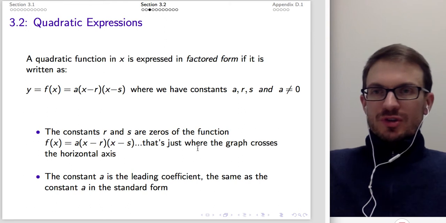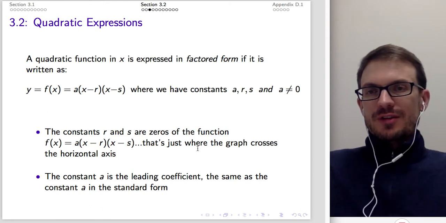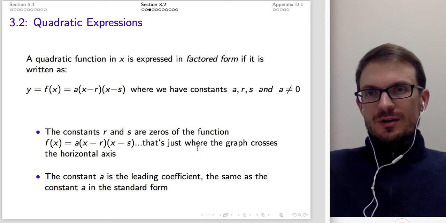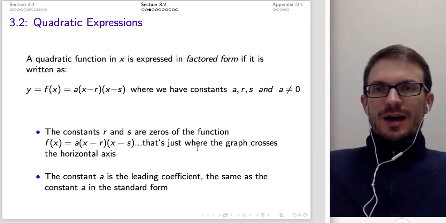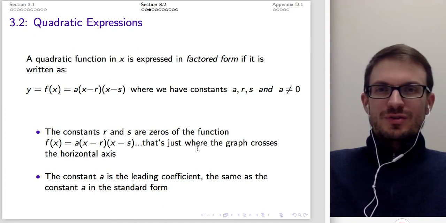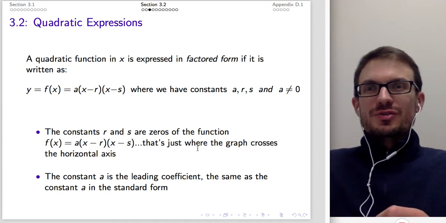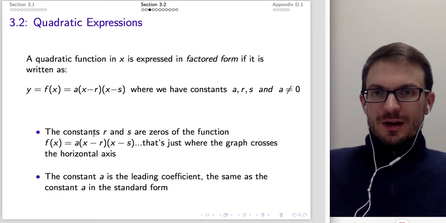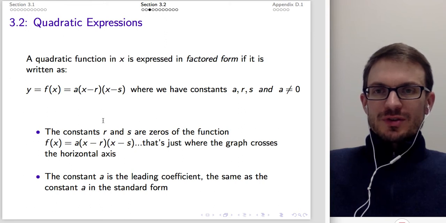In the example we just saw, a was minus 16, r was 4, and s was actually positive 2, and then the corresponding zeros were positive 4 and minus 2. Anyway, so constants r and s are the zeros of the function.